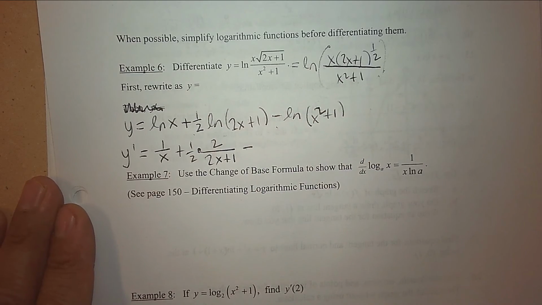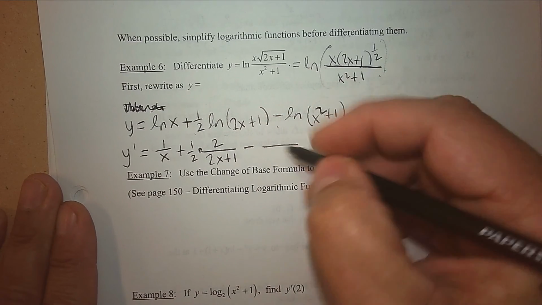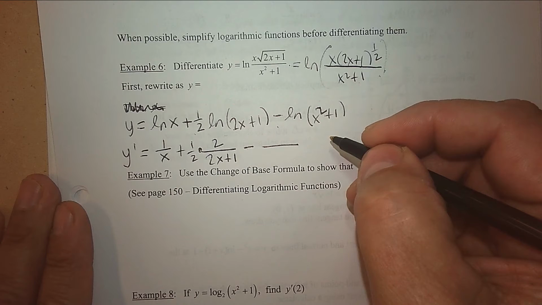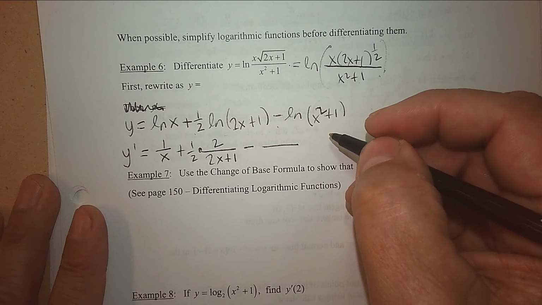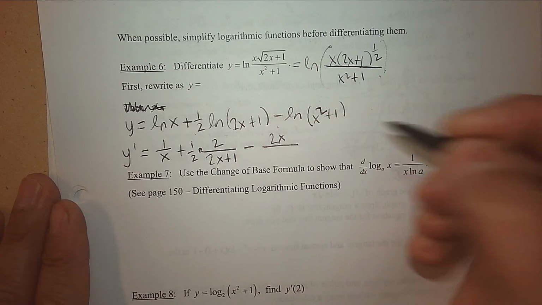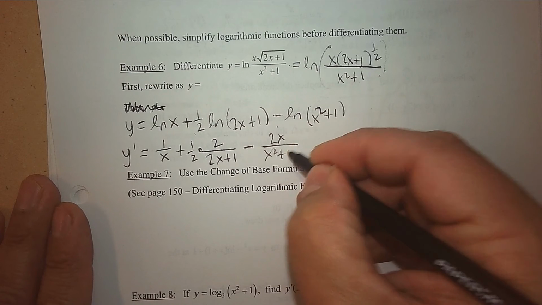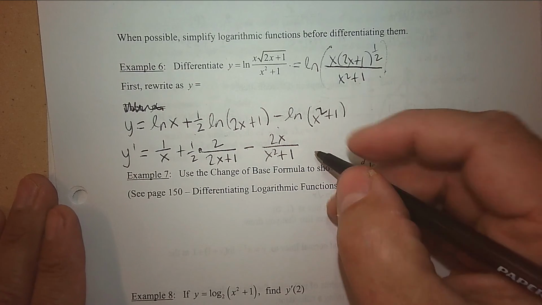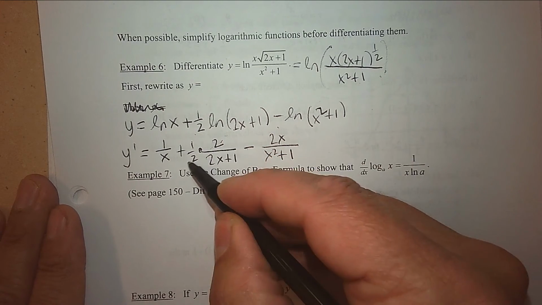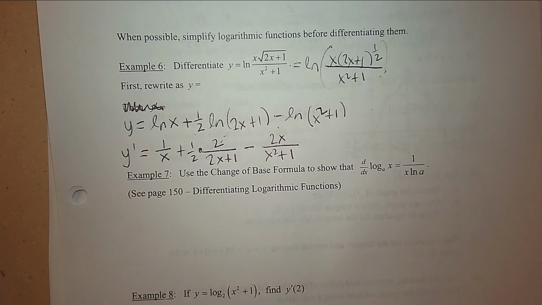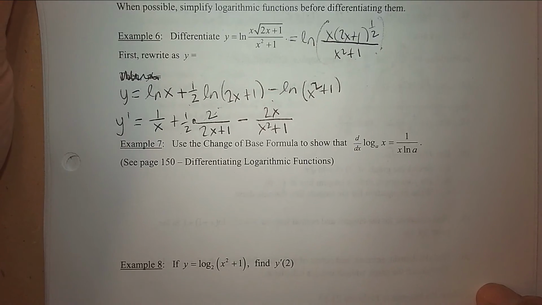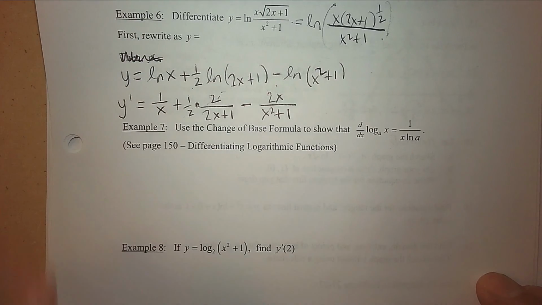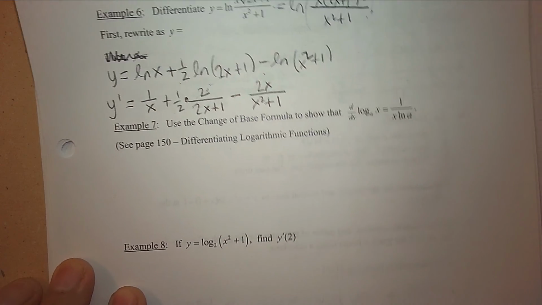Keep going. What goes in the numerator? 2x, right? And then what goes in the denominator? Done. And if you wanted to, the 2's could simplify here, right? And you could just write it as 1 over 2x plus 1. But can you see the big point is sometimes you have to use properties of logarithms before you start deriving.